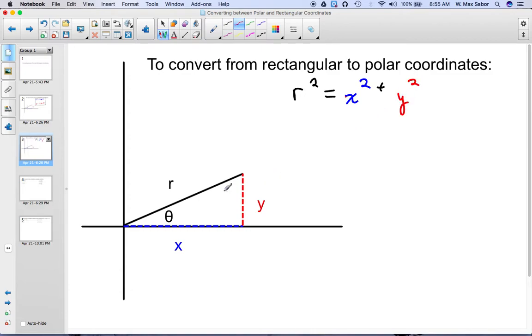And theta can be described by y over x if we talk about the tangent of theta. So tangent of theta equals, I'm sorry, y divided by x.